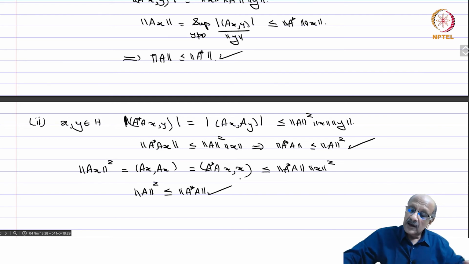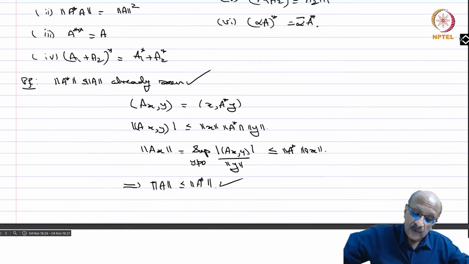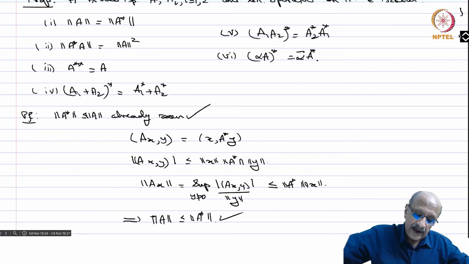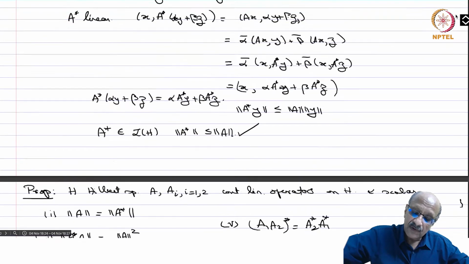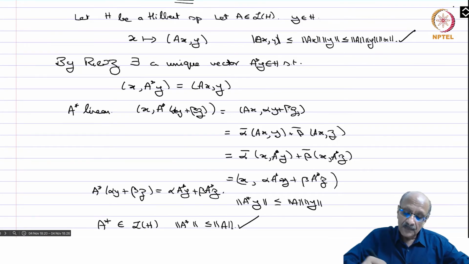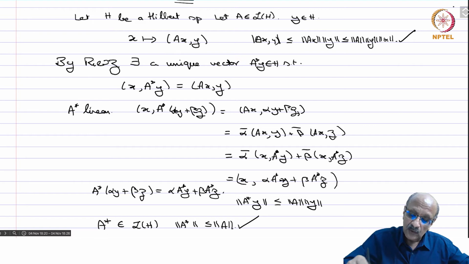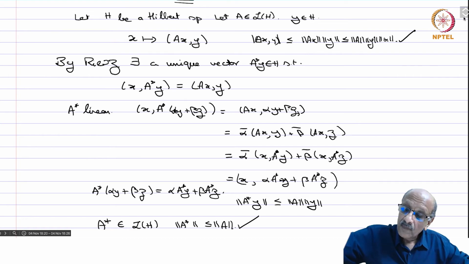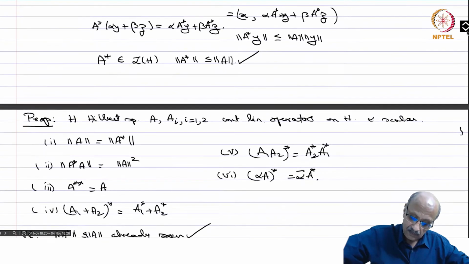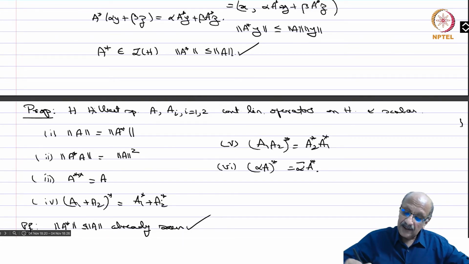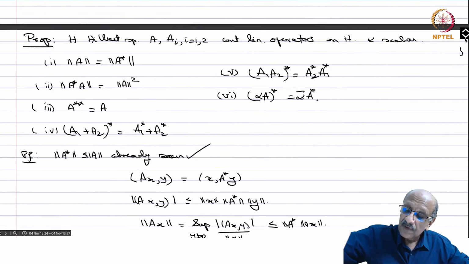Now the remaining are all very trivial consequences. A double star equal to A just comes from this relation itself. This tells you the symmetry in this relationship, and you immediately see that A double star is equal to A. And the fourth one, for the sum, and all these follow immediately from the defining relationship.